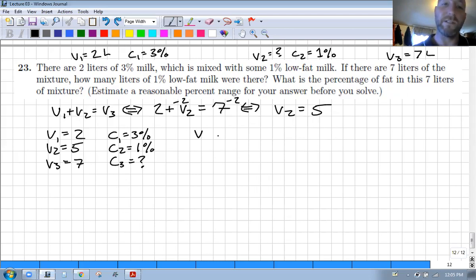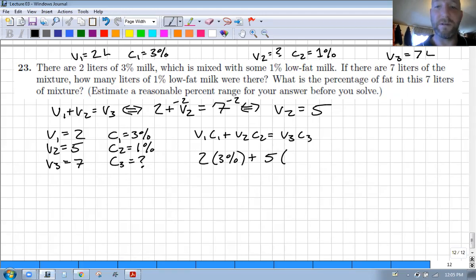All right, V1, C1, V2, C2, V3, C3. V1 is 2 liters at 3%. V2 is 5 liters at 1%. And that gave us 7 liters at our 3rd concentration.